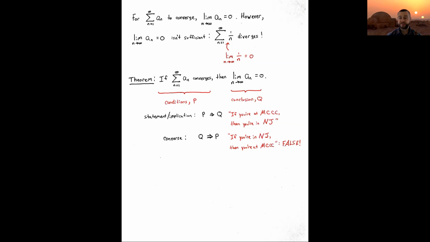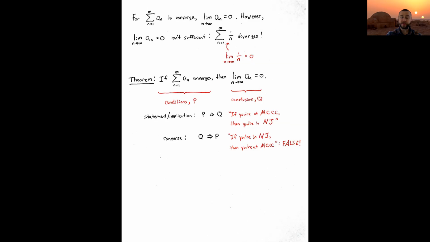And that is false. You could be elsewhere in the state of New Jersey, but not at Mercer County Community College. So in general, for a statement P implies Q, its converse is false in general.